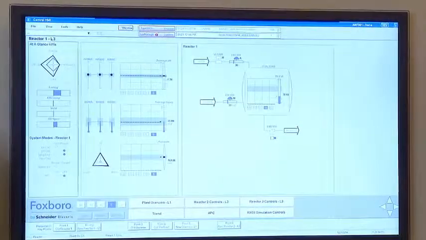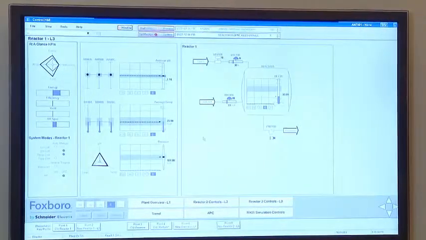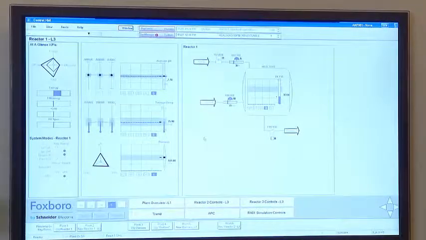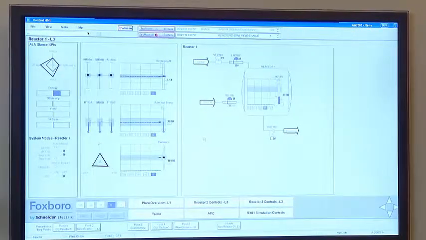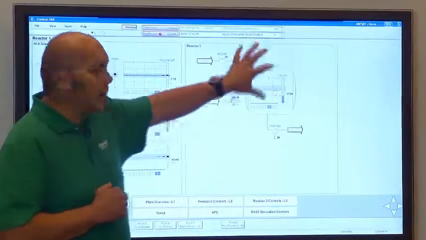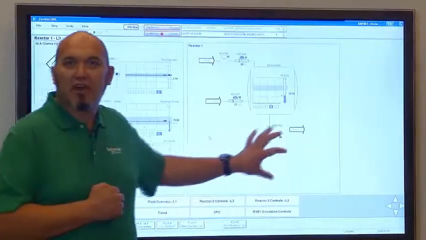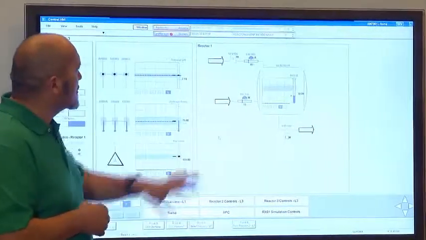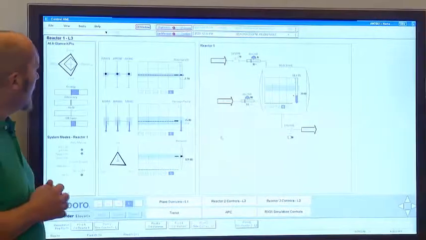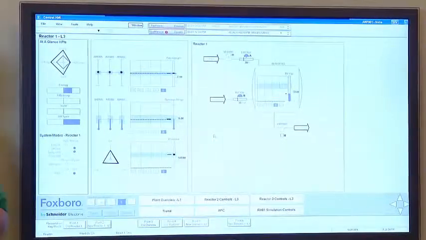So there's a number of facets around the HMI that we've improved to help the operational experience. Firstly, we still have a piping and instrument diagram like HMI to show the operator how the process works. But we've done some other interesting things.